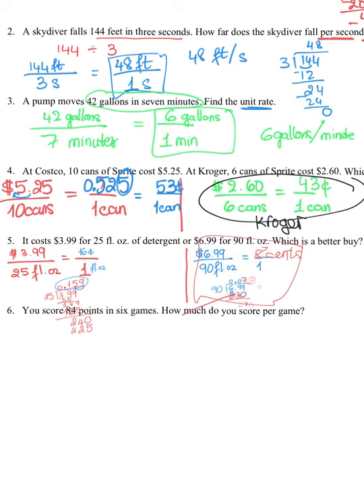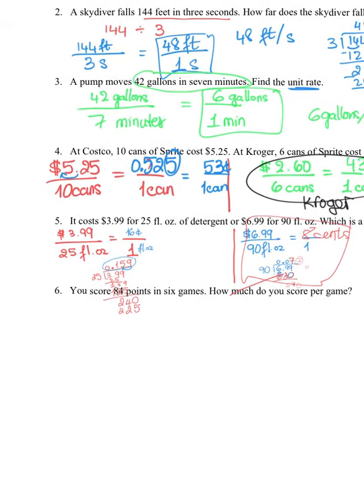Better buy. Okay. Number 6, you score 84 points in 6 games. How much do you score per game? So we have 84 points for 6 games.